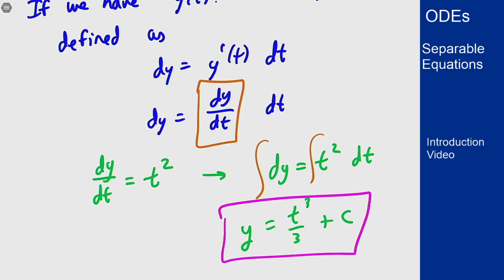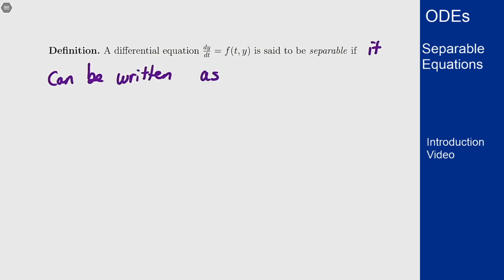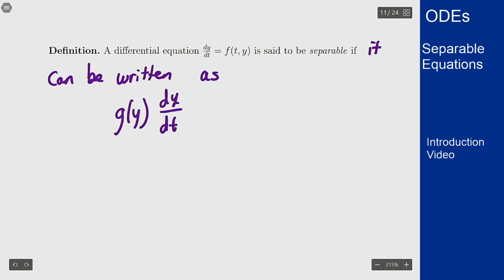This leads to the definition of a separable equation, which is what we need to make this process work in a more complicated scenario. So we say the differential equation dy/dt is f of t, y is said to be separable if I can write it as some function g of y times dy/dt equals some function h of t.